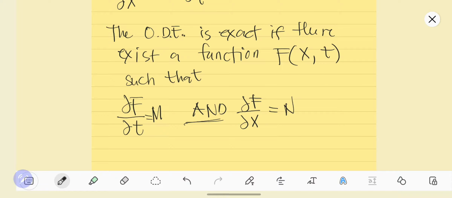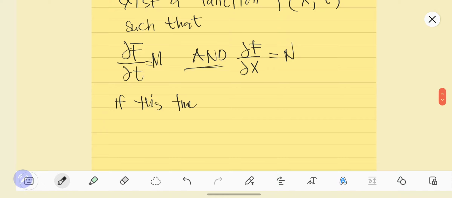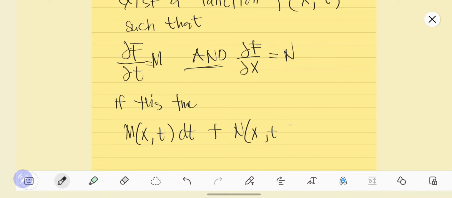If this constraint is not true, then this would not work out. If this is true, then the original ordinary differential equation can be written as M(x,t) dt + N(x,t) dx = 0.